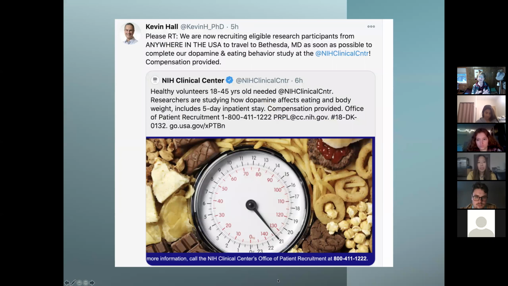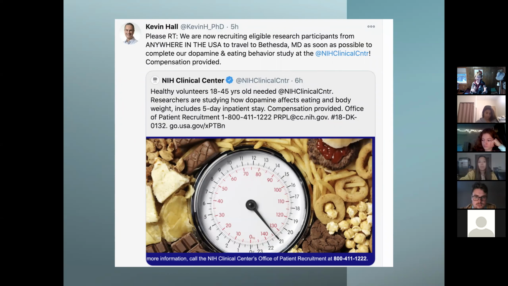This came in yesterday, and just because it's happening right now: Kevin Hall, I think we may have looked at one of Dr. Hall's studies on ultra-processed and unprocessed food. He's now recruiting eligible research participants from anywhere in the US to travel to Bethesda as soon as possible to complete their dopamine and eating behavior study.